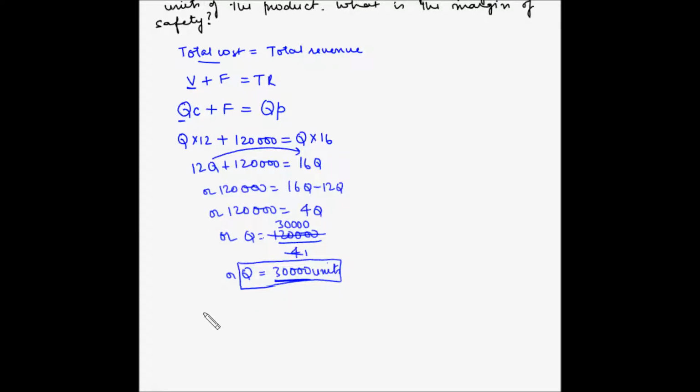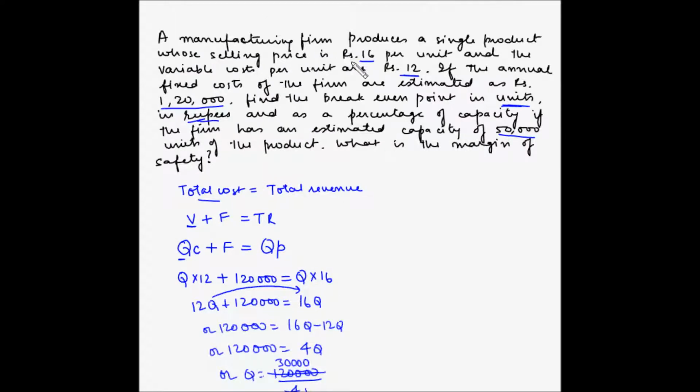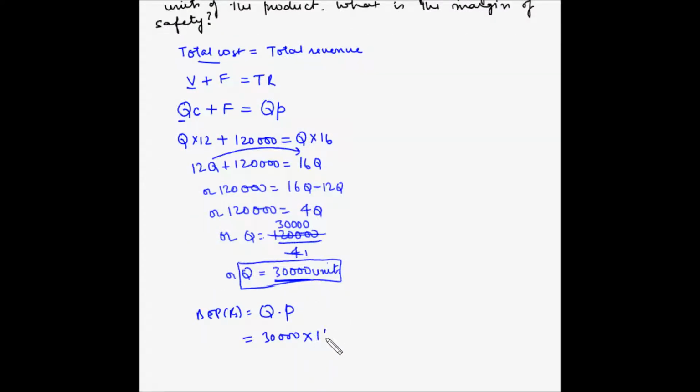So the break-even point in terms of rupees will be equal to Q multiplied by p, or 30,000 multiplied by p is 16. So this is equal to 4,80,000 rupees.